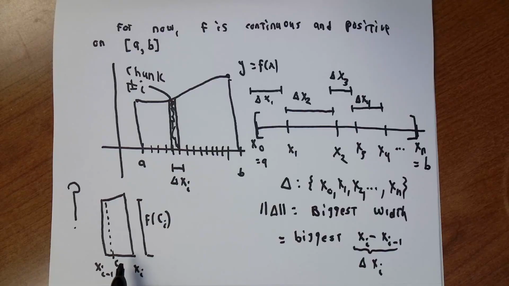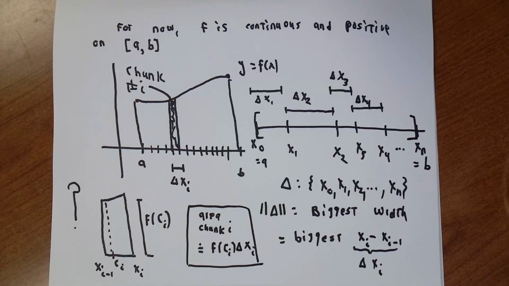It's delta x number I across the bottom, and it's f at Ci in the vertical direction. That is to say, the area of chunk number I is approximately f evaluated at Ci times delta x number I.